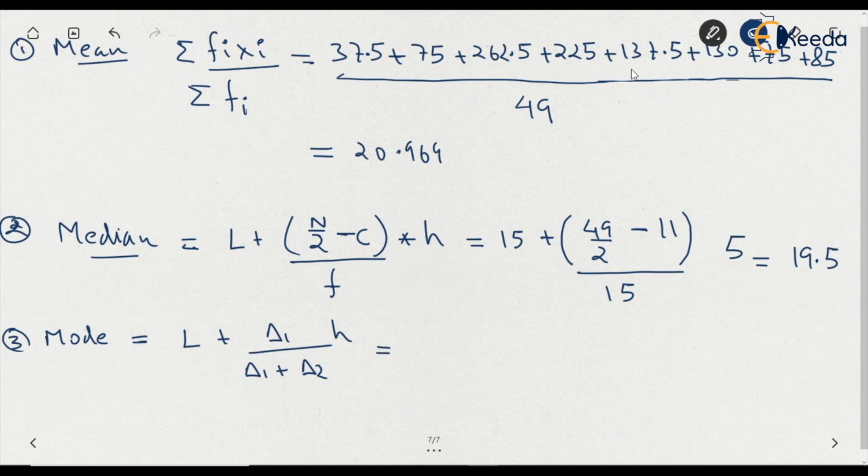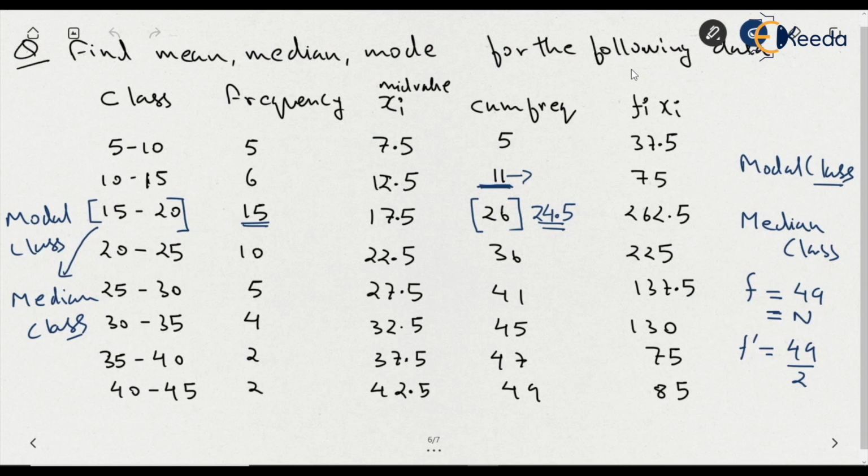So this will be 15 plus del 1. Del 1 is the excess of modal frequency over the preceding class. So if you see in the previous, the frequency of the modal class is 15 and the preceding class is 6 and the following class is 10.